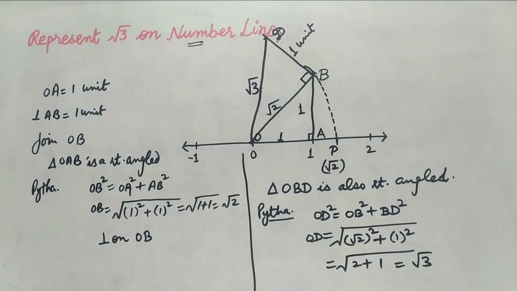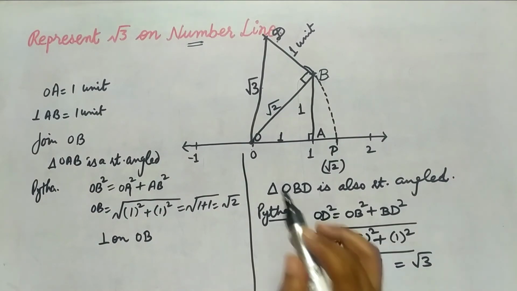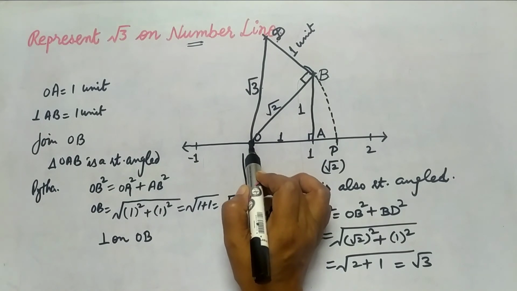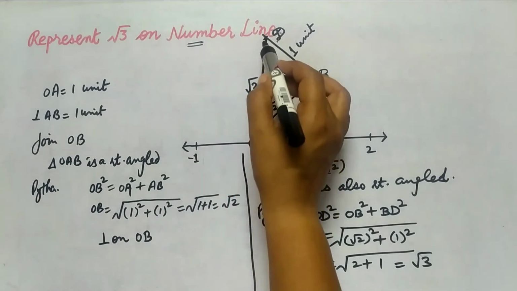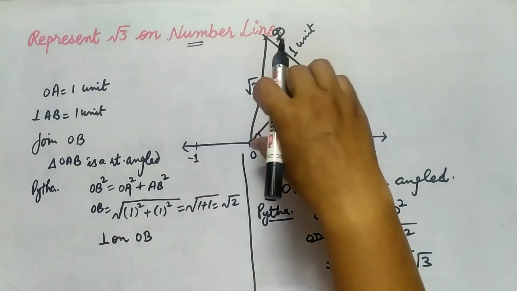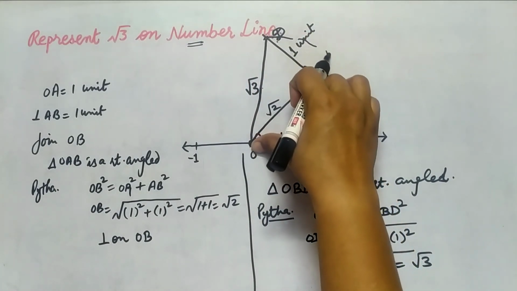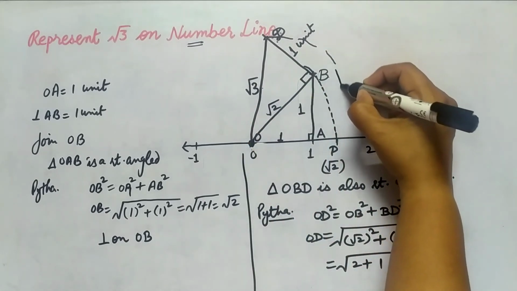And now the number line representation of under root 3 will be obtained by again taking O as center and OD as radius, like this. Now we make the arc from here, like this.